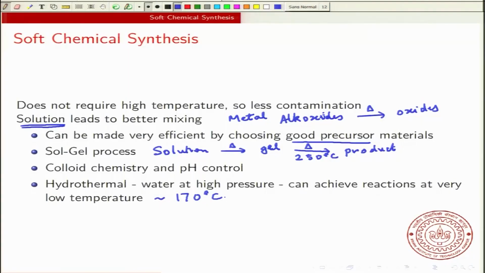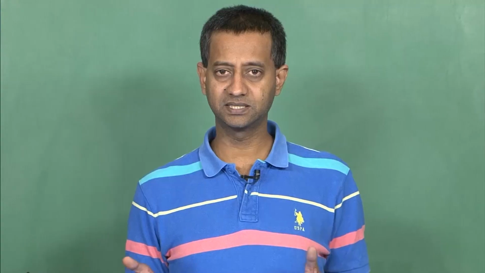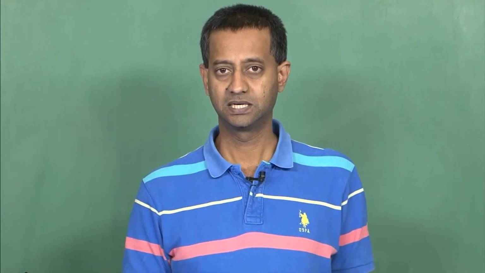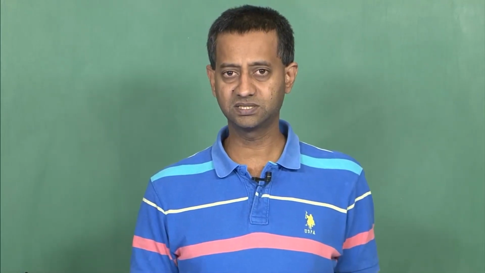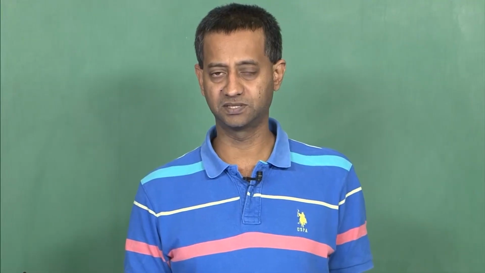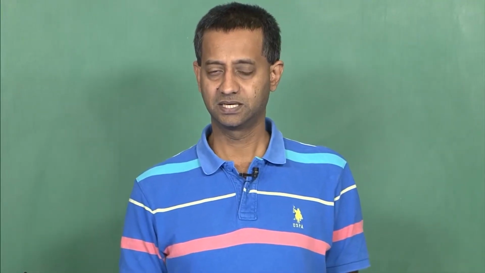Again, I am just showing you some of the soft chemical synthesis methods. I am not showing you all the methods. The basic idea is that you have to choose a method based on the quality of crystal you want, based on the material you are trying to synthesize. So this is the overall strategy of solid state synthesis.